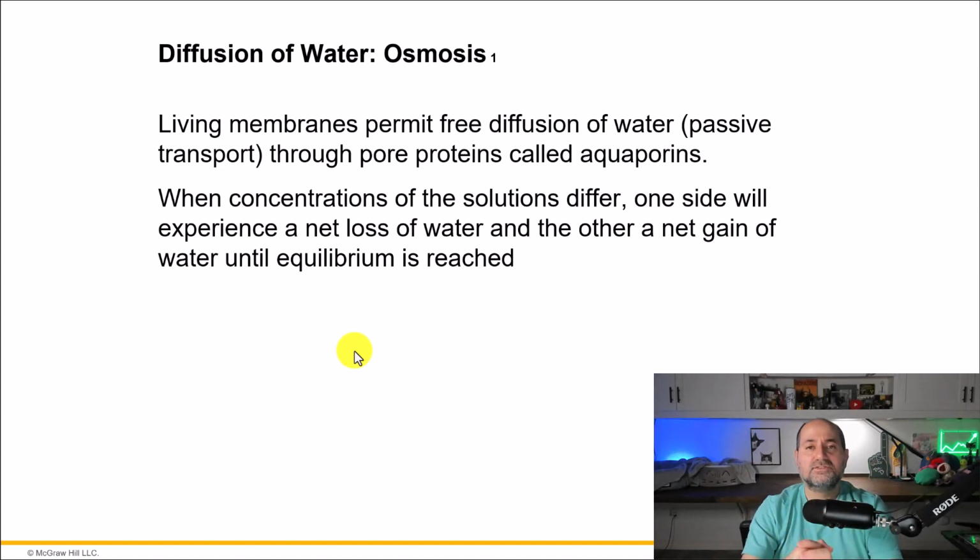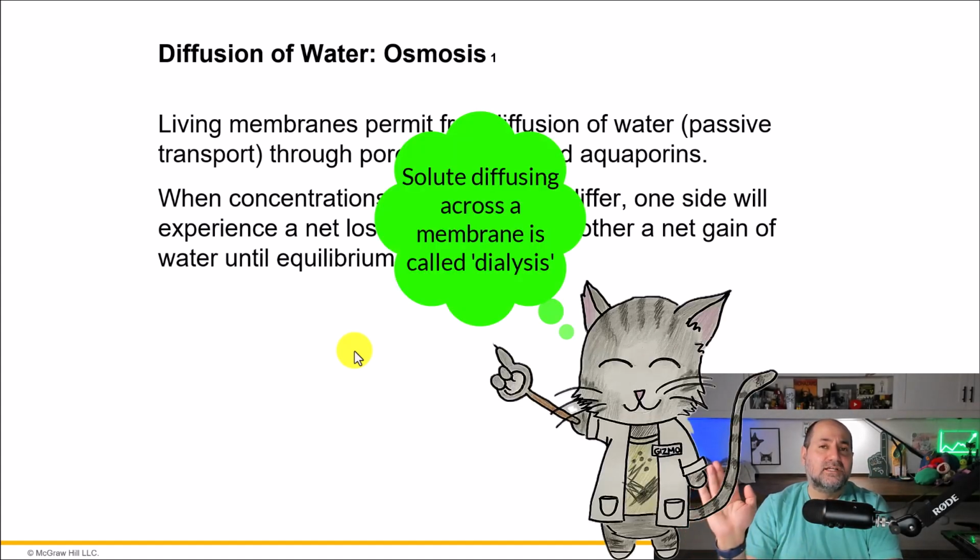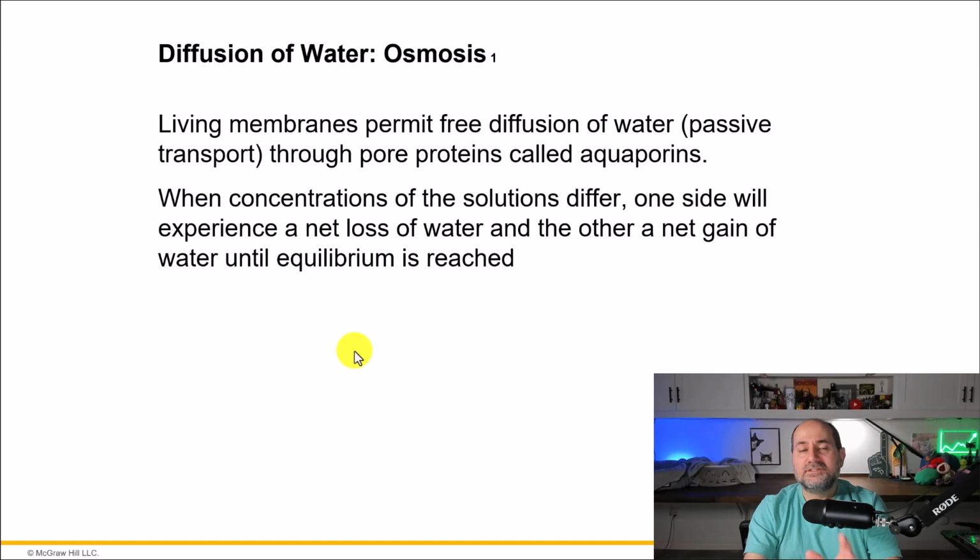That's called dialysis. That's a different concept. So osmosis is the diffusion of water across a membrane from high concentration to low. Dialysis is the diffusion of solute across the membrane from high concentration to low. So that's what we need to understand about osmosis.